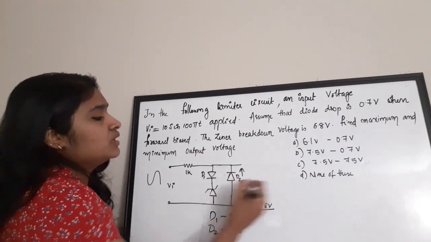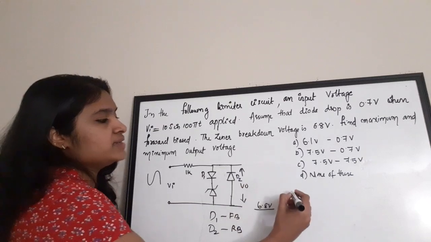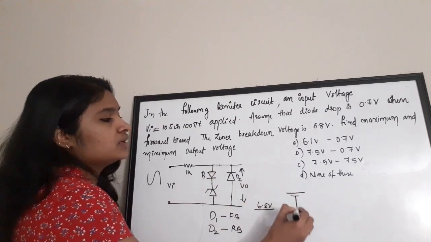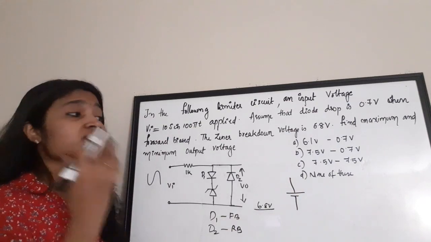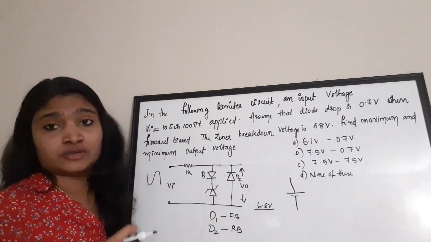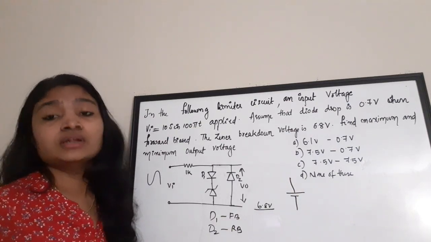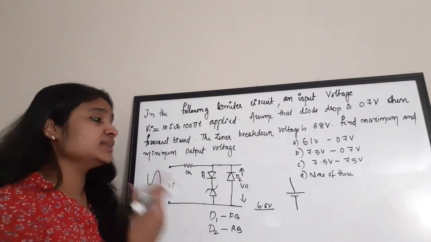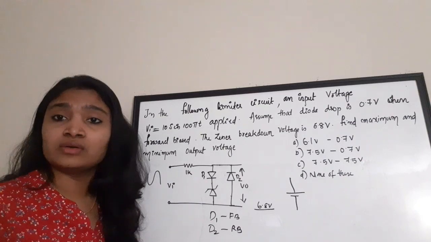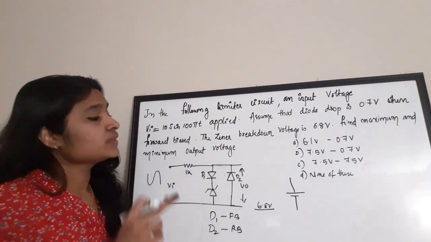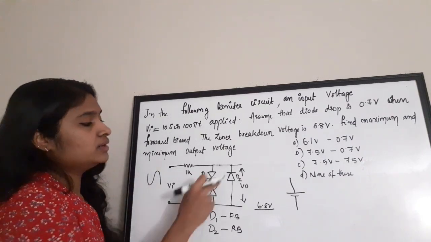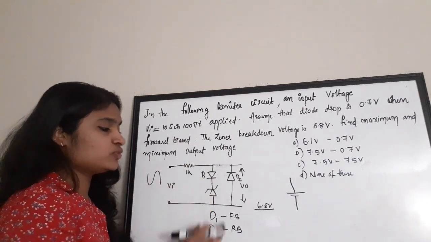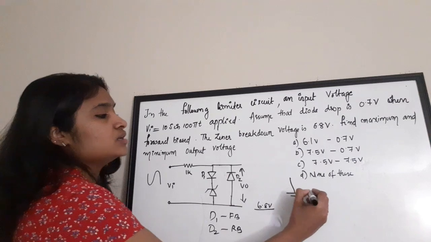What is the voltage drop during the forward bias? This diode will act simply as a voltage source. We have discussed in a lot of earlier videos that during the forward bias condition, the diode will act as a voltage source, and during the reverse bias condition, normal diodes will act as an open circuit. Here, since D1 is forward biased during the positive half cycle, it will act as a voltage source.